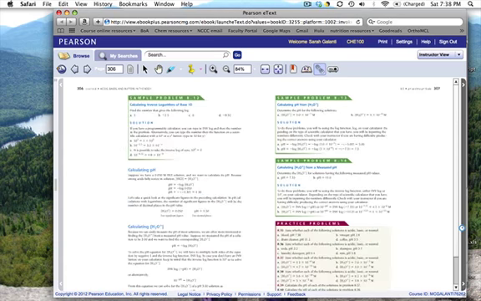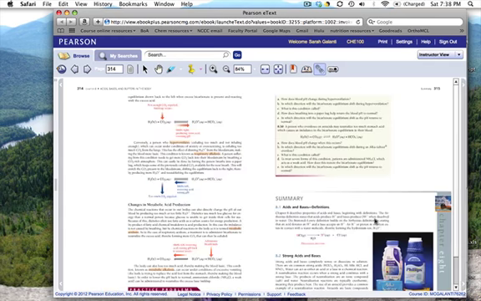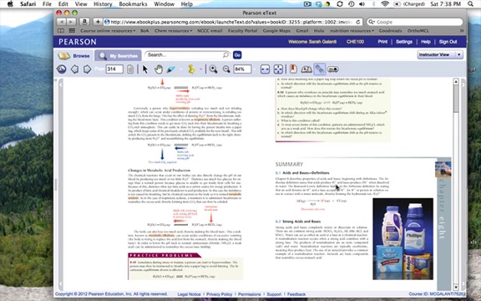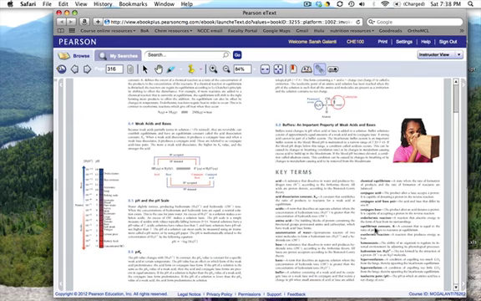Okay, so in summary, let's go to the summary section of the chapter. 8.1, definitions of acids and bases. Yes. 8.2, strong acids and bases. Yes. 8.3, chemical equilibrium. Yes, definitely know that. 8.4, weak acids and bases, understanding conjugate acids, conjugate bases, base pairs, those definitely. pH and the pH scale, being able to calculate pH, yes.